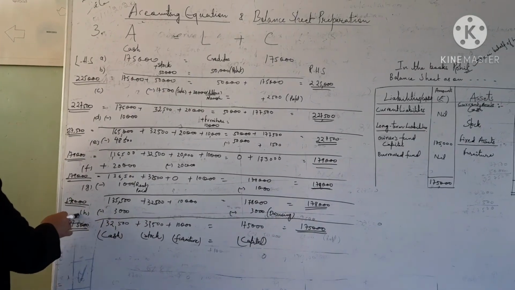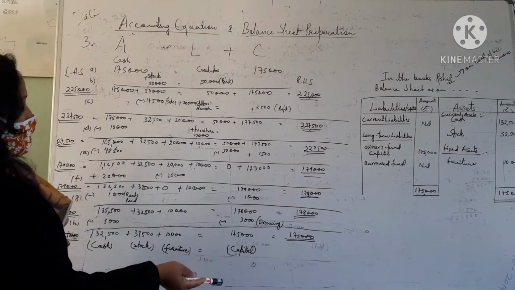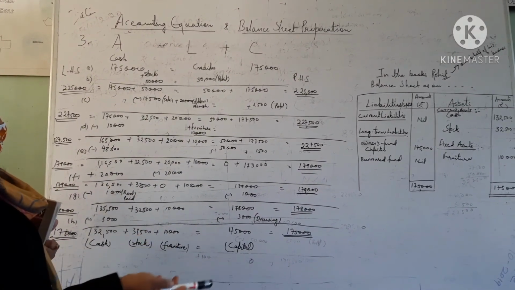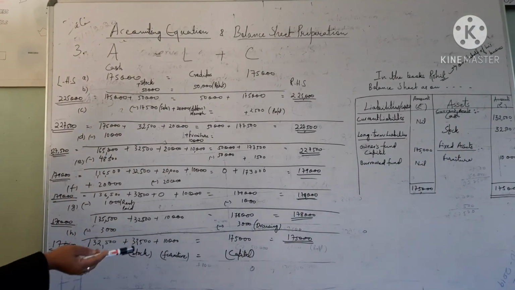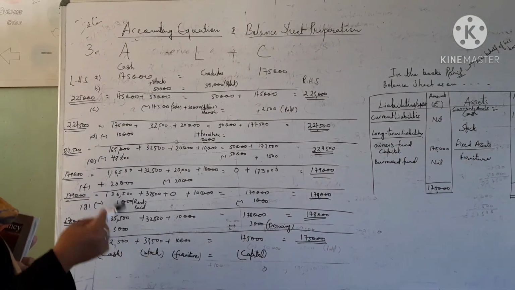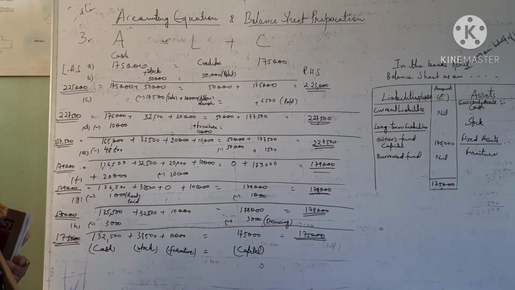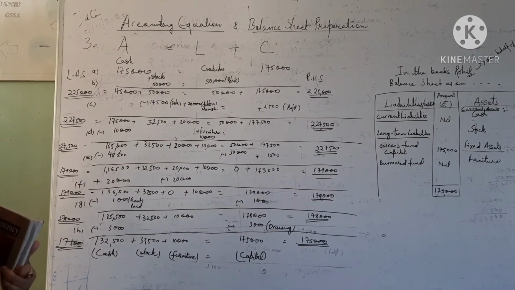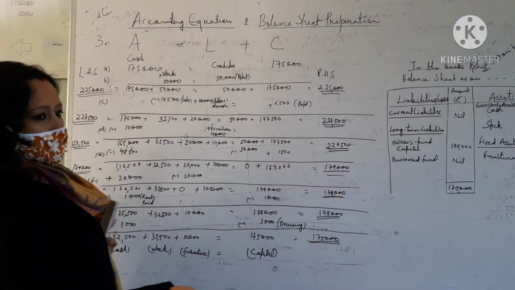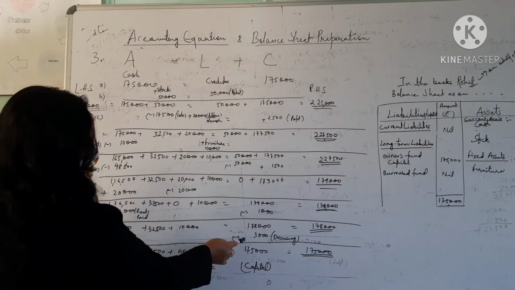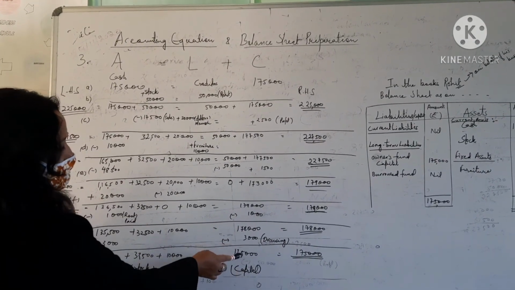Now after that, H says that drawing, the owner has used some money for buying some stuff for his personal use, and that is treated as drawing. When the owner has taken out something from the business, either in the form of cash or in the form of goods, that will be treated as drawing, and the capital amount of the owner will be reduced.